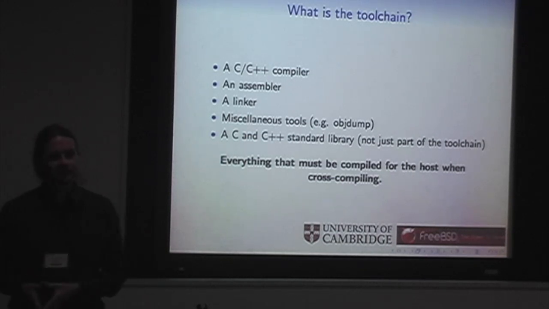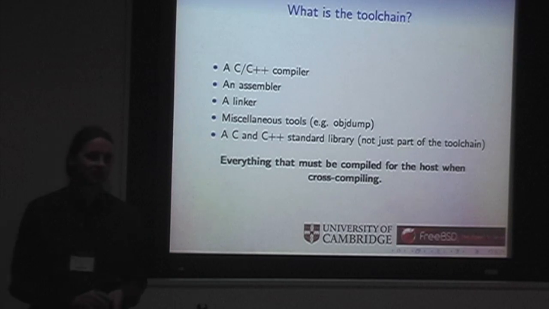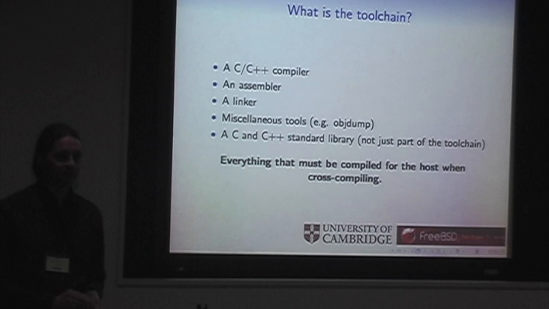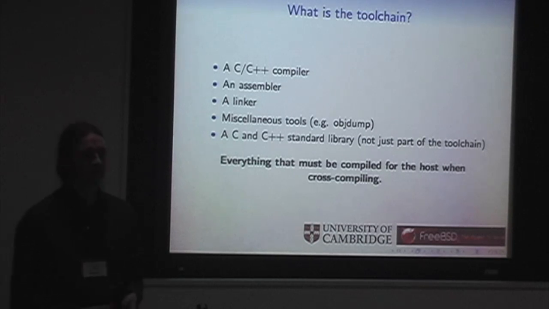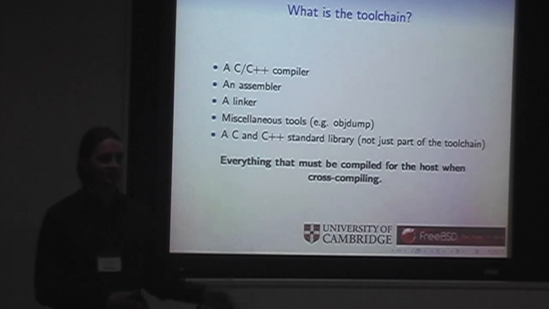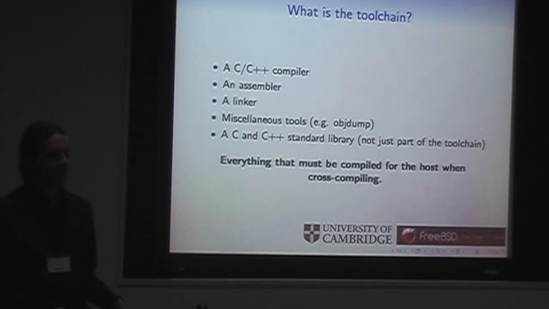You can also sometimes think of the C and C++ standard libraries as being part of the toolchain. We often think of the C++ library as being part of the toolchain just because of historical reasons, that the GNU project developed it as part of GCC, and now LLVM has its own C++ standard library, libc++, which we now ship in FreeBSD 10.